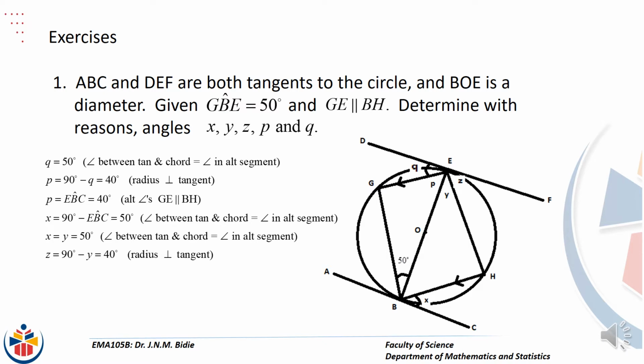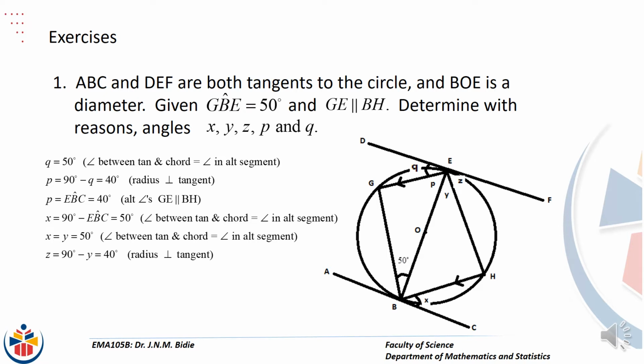And we have BOE, a diameter, and then we've been given GBE to be 50 degrees as labeled, and then also given that GE is parallel to BH as labeled in the diagram.